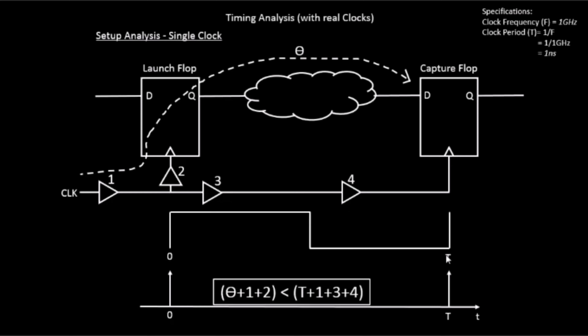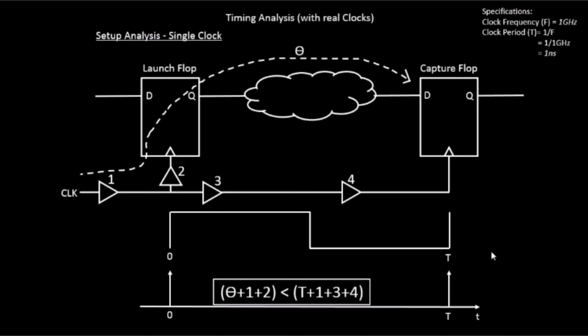So the next clock cycle will not come at 1 nanosecond, but at 1 nanosecond plus 1 plus 3 plus 4 and plus the wire delays. That's why the equation changes a bit. It becomes theta plus 1 plus 2 is less than T plus 1 plus 3 plus 4.